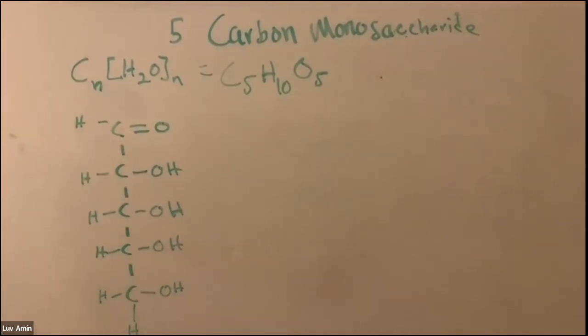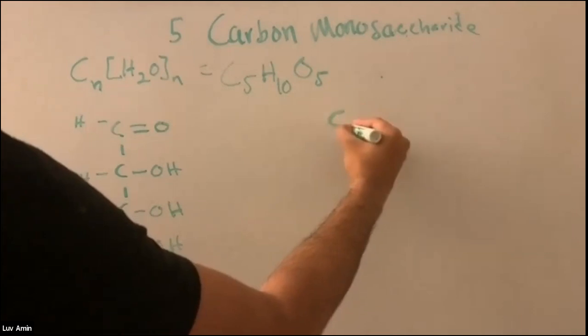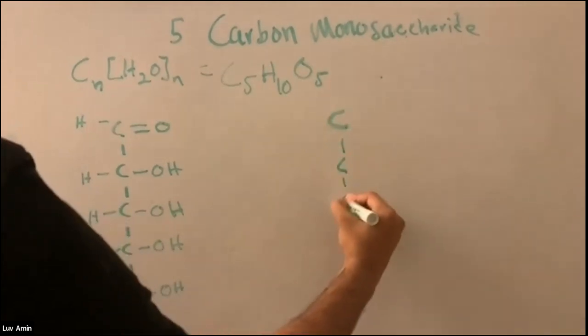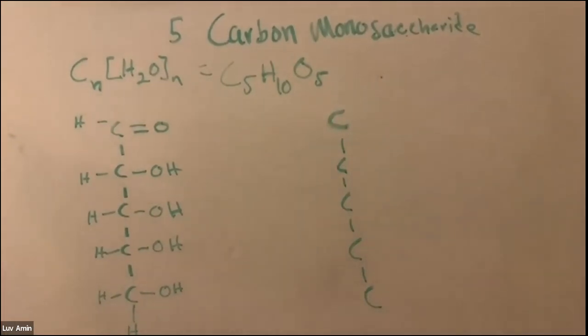carbons. So let's draw another way to draw a 5-carbon monosaccharide. And in this example, I'll draw a carbonyl in one of the carbons inside. So let me pick carbon 2.